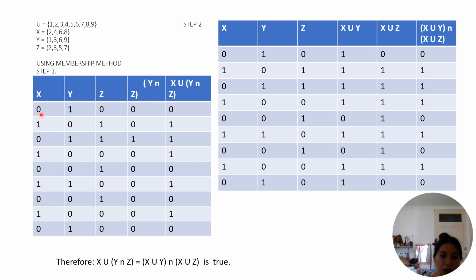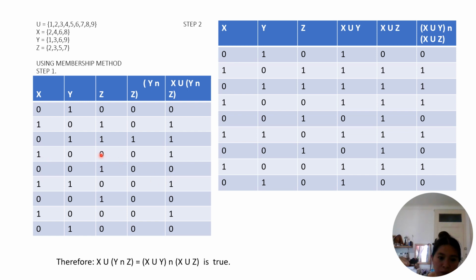So from here, since x is 0 or false, and this one also is false, then the statement is false. And then here, since x is true, although this one is false, still the statement is true.